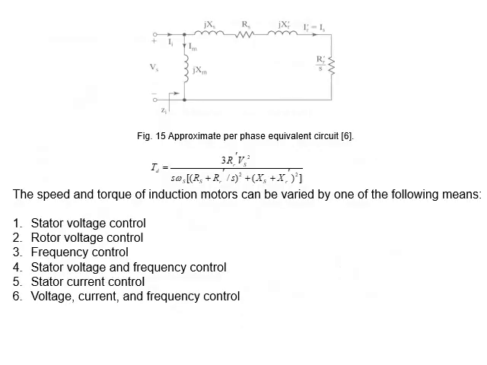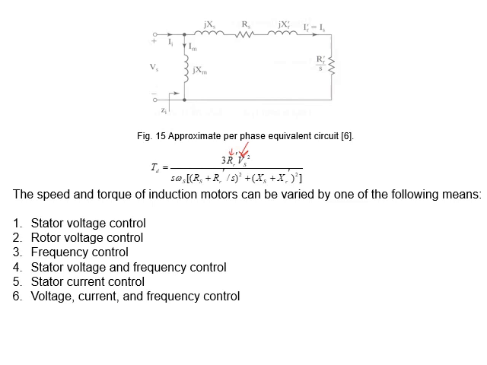Now, if I take the torque delivered here and try to see what parameters I can change to change the torque, and then if I change the torque, I change the speed at the end. We can see that we can control by changing VS, which is stator voltage control. Or changing the rotor resistance, because I have R. So if I change the rotor, the voltage will be changed.